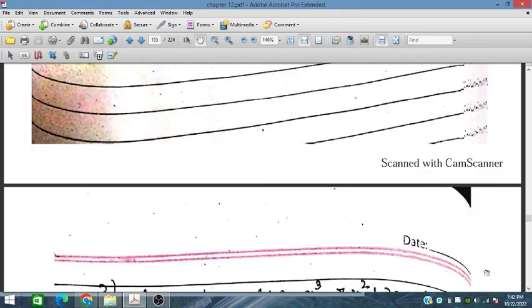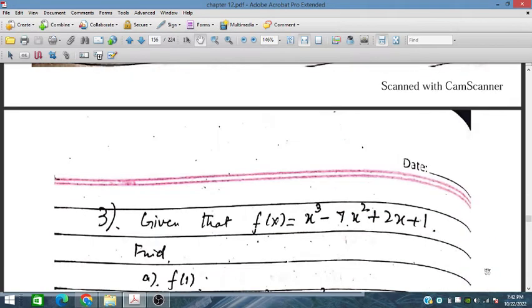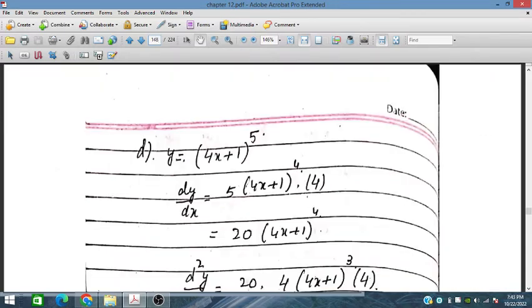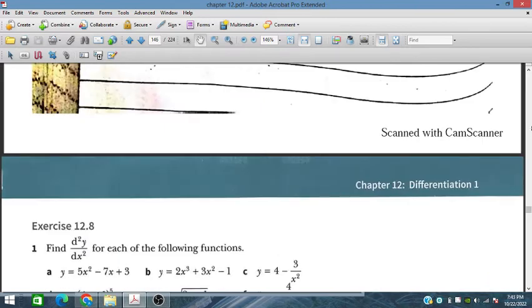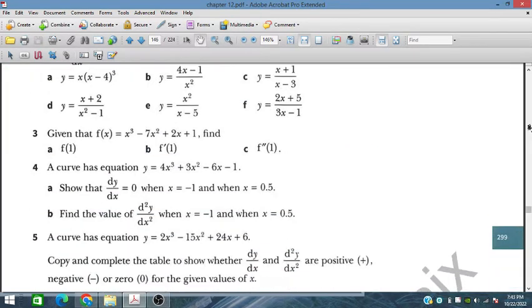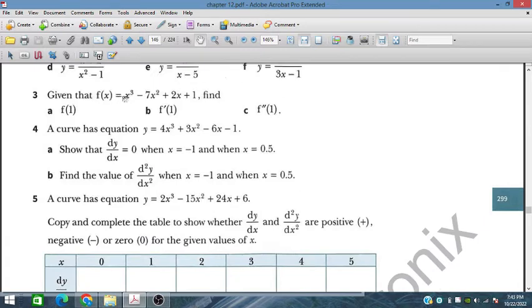Finally, we will cover question number 3. Find f(1), so we'll place 1 here and we'll get this value.